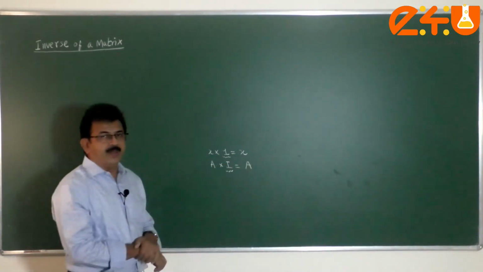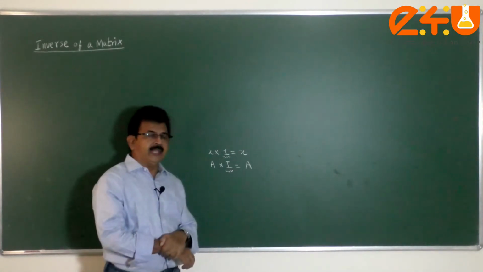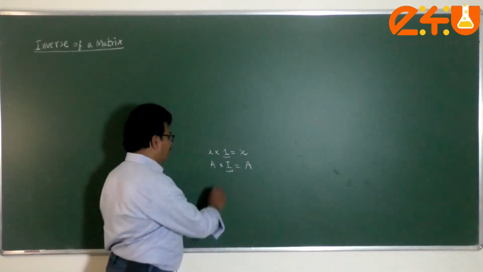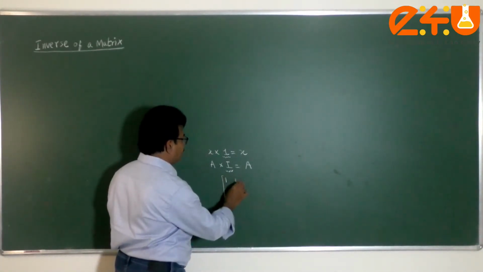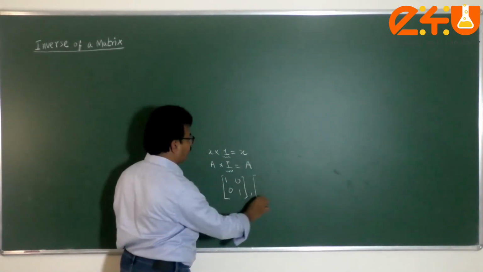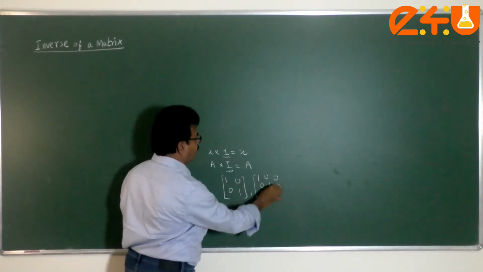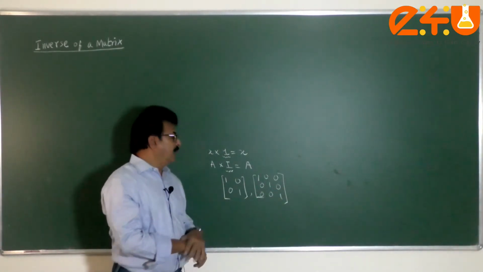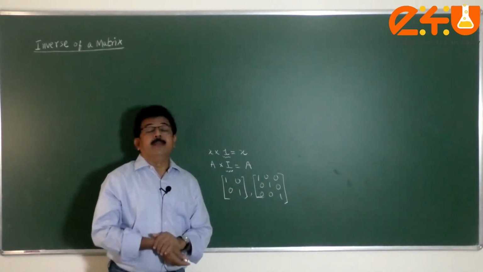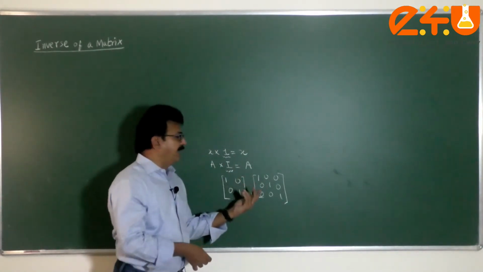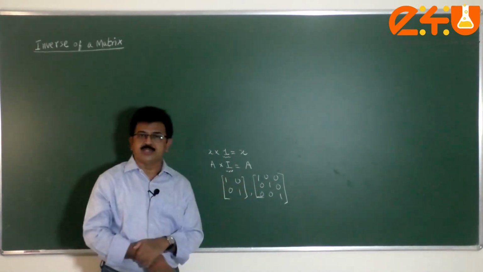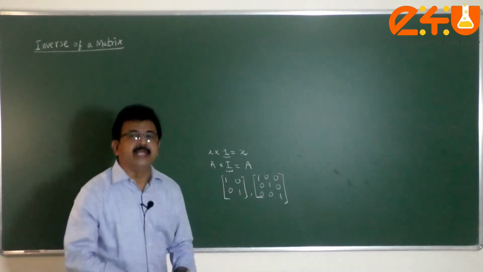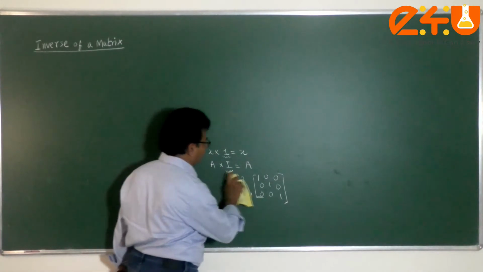Any square matrix A, when multiplied by I gives A. That is the reason this I matrix is 1 0 0 1 if it is a 2 by 2, and 1 0 0 0 1 0 0 0 1 if it is a 3 by 3. The reason why we named it identity matrix is because it is the multiplicative identity for any square matrix. So a square matrix multiplied by identity matrix gives the same matrix.